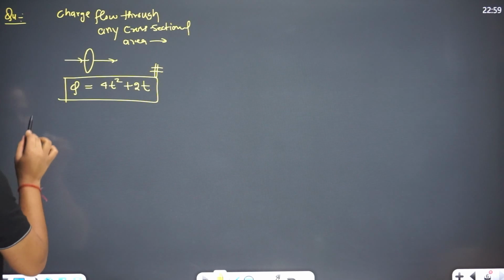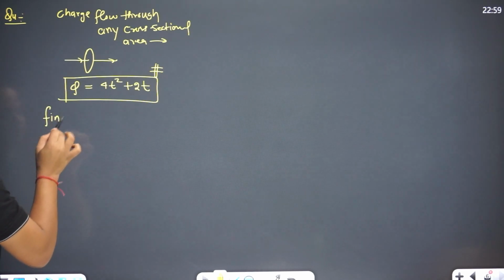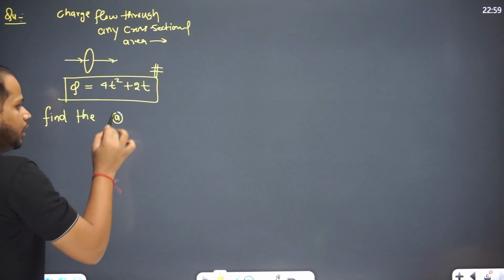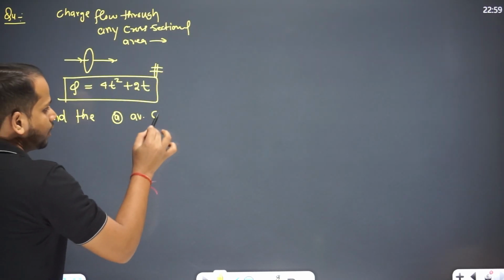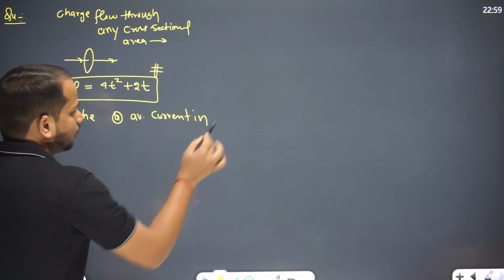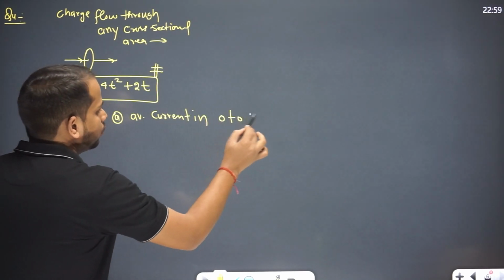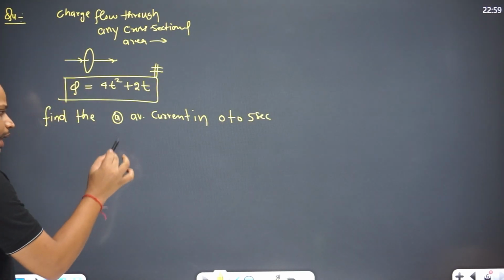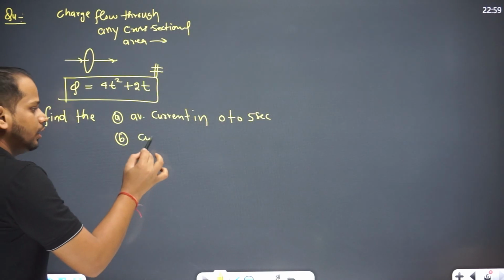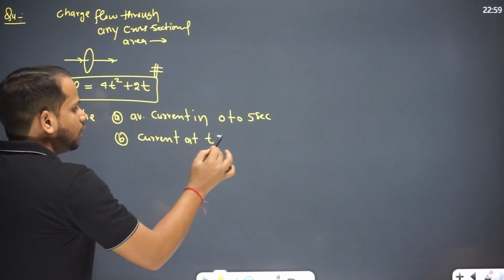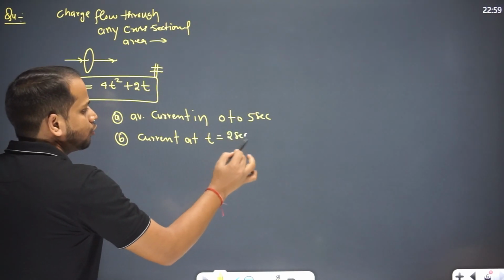Now what I am asking you, find option A, average current in 0 to 5 seconds, and B, current at t equals to 2 seconds, right?